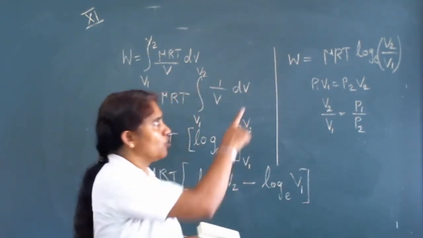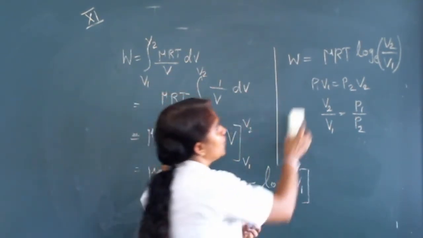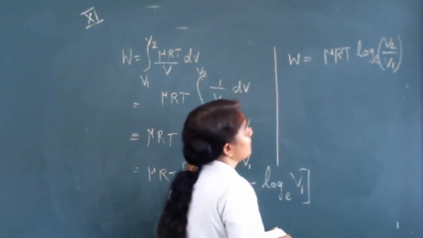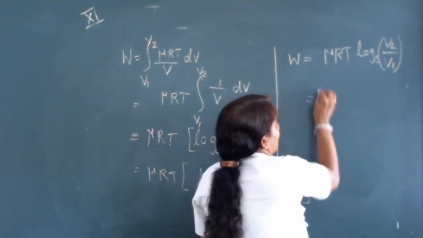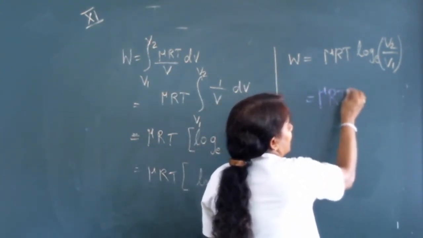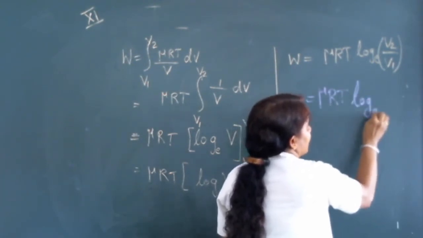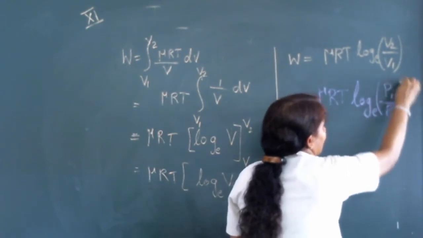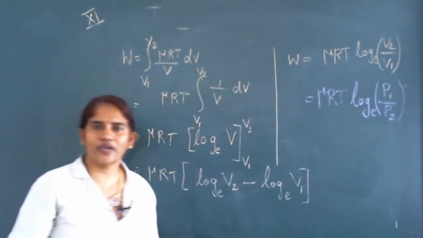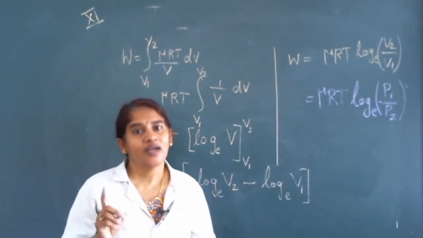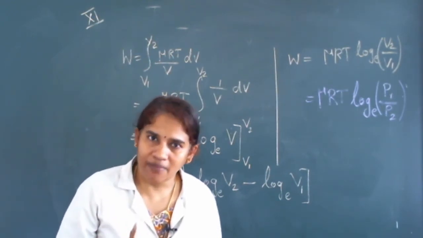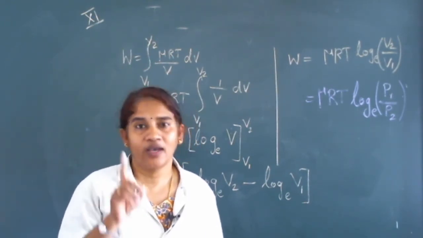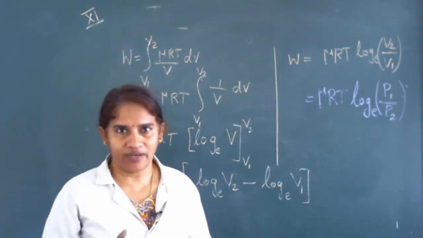By substituting, so what will be the equation? Mu RT log to the base e V2 by V1 can be written as P1 by P2. Okay, both are different forms of the same equation, that is work done for isothermal expansion.